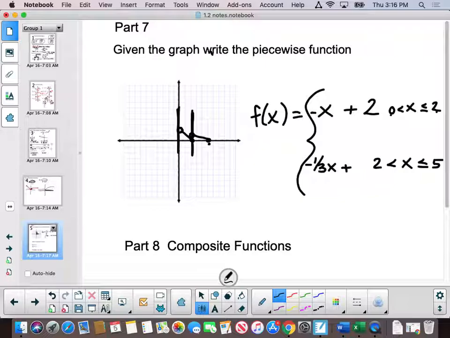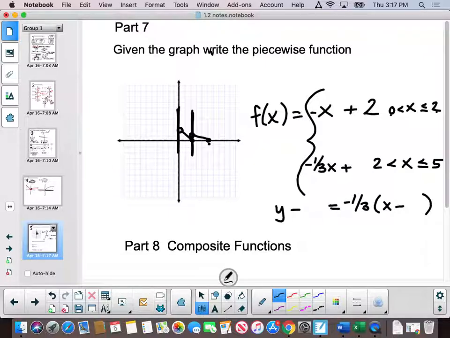Plus, you have to figure out where it crosses the y-axis, right? You could do y2 minus y1 over x2 minus x1 to figure out the slope, which was negative 1/3. I counted, I went down 1 and over 3. But then to figure out the intercept, I would go y minus something equals negative 1/3 times x minus something.